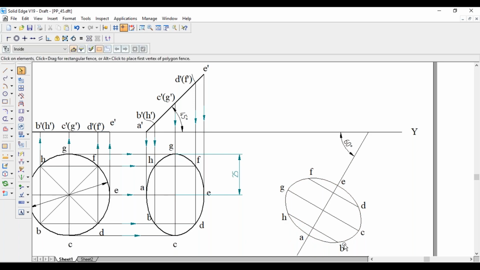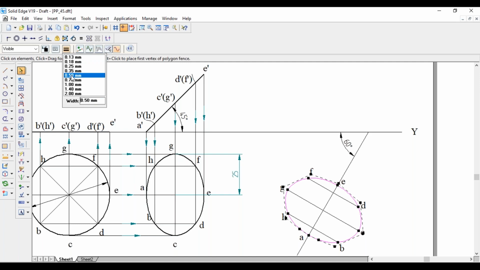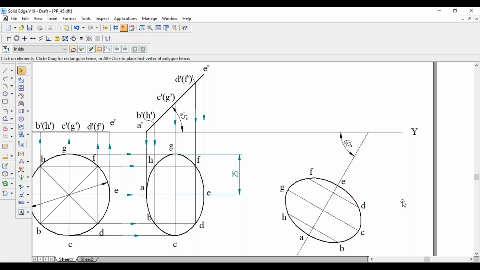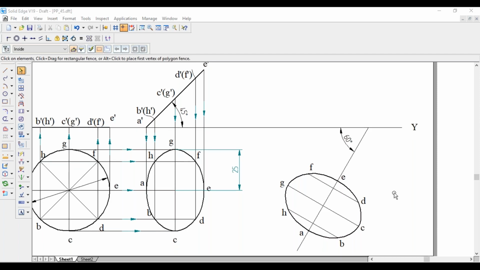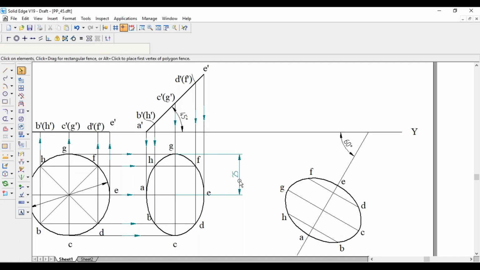It should look like an ellipse. Once this is over, projecting the points.